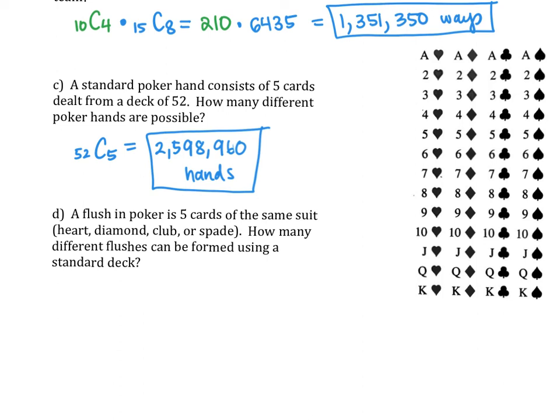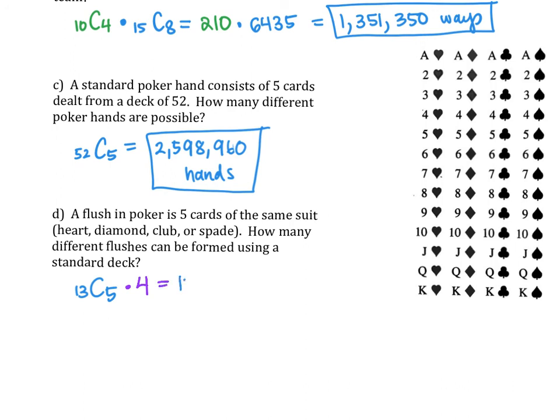Say I'm at hearts, there's 13 hearts to pick from. I want to have exactly 5 of them. So this is the number of combinations if I only pick a flush from the hearts, but there's actually 4 suits. So I could do 13 choose 5, and then I could multiply it by 4 because there's 4 different suits.